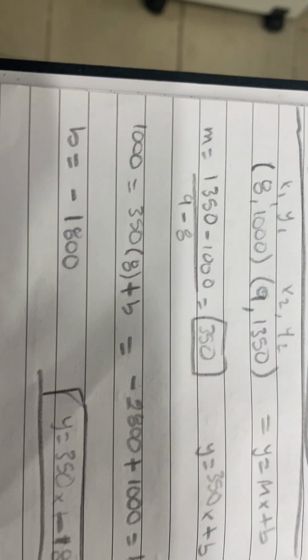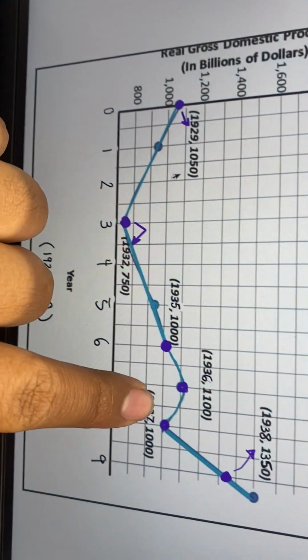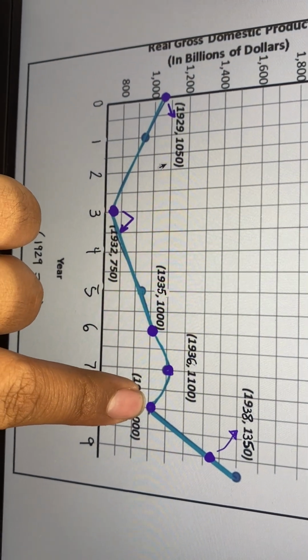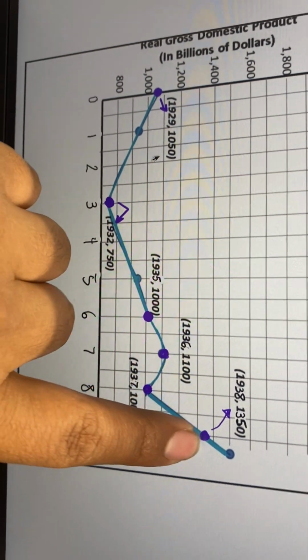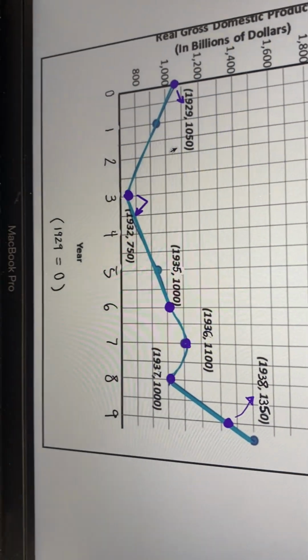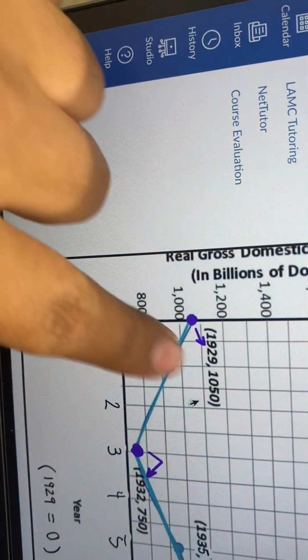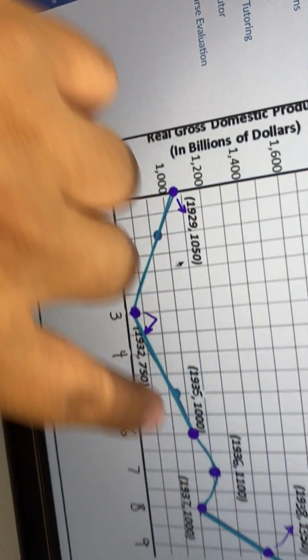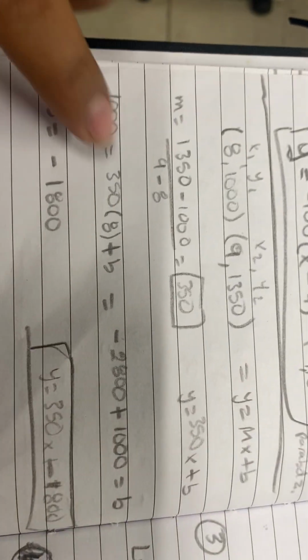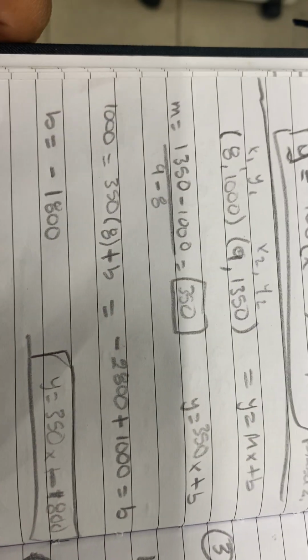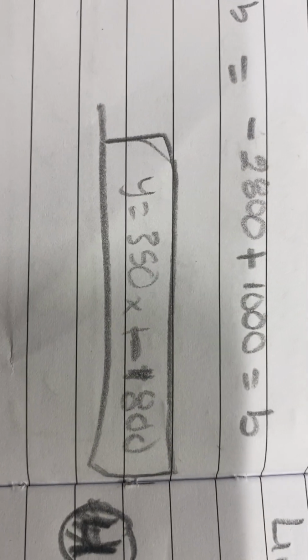And pretty much here, the next step that I did is to find where the parabola starts and where it ends, up to 1938, which is a year of difference. So I did the same process that I did here in the first two, because it's basically the same. It's a linear function, and I got this result.